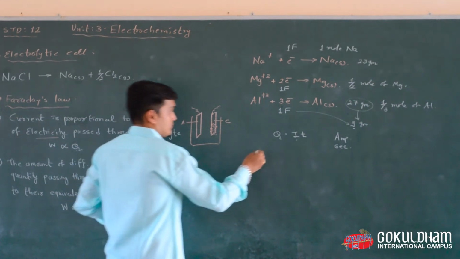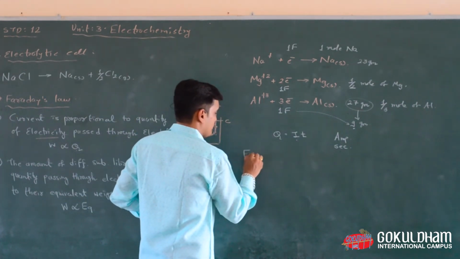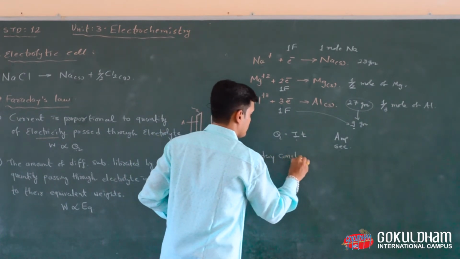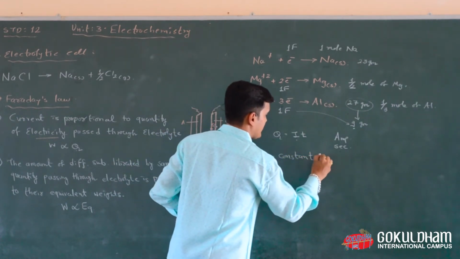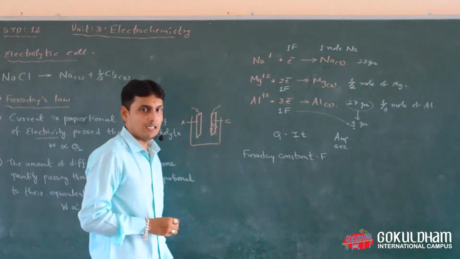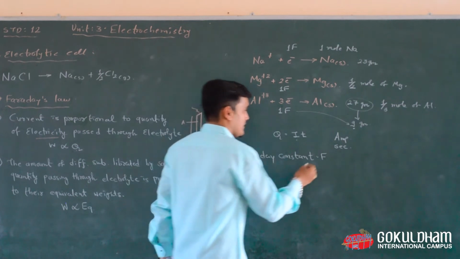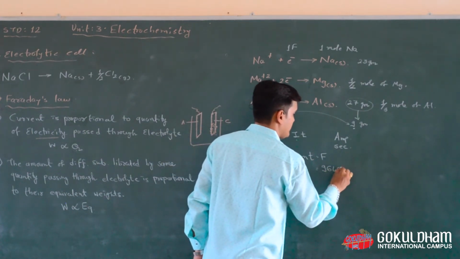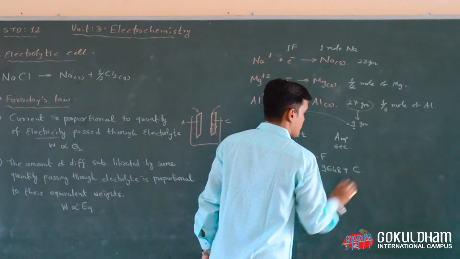Now, the Faraday constant is capital F, and this capital F has the exact value of 96487 coulomb.